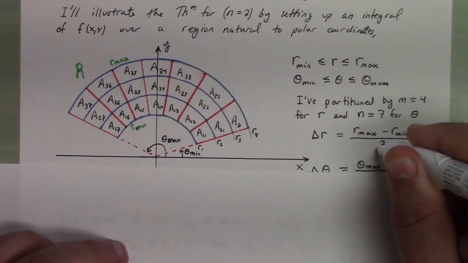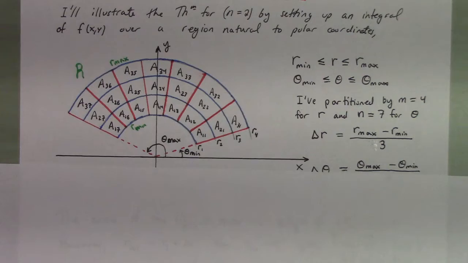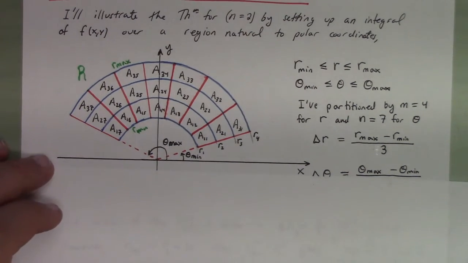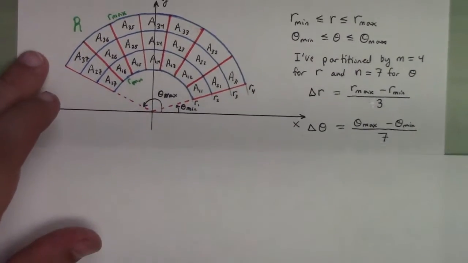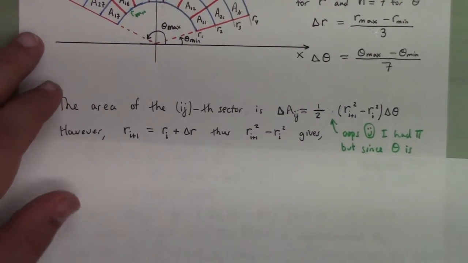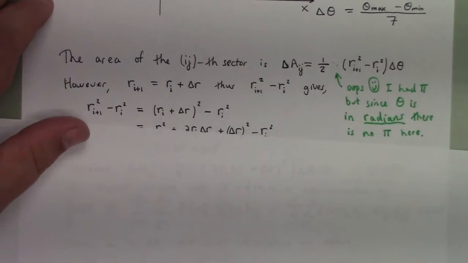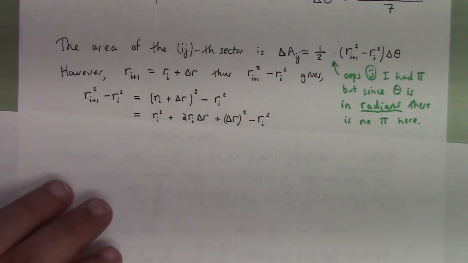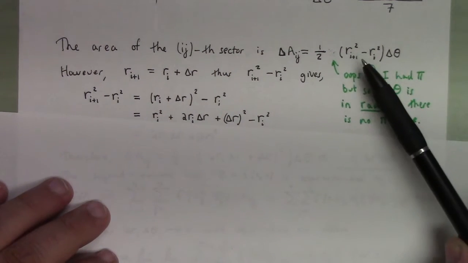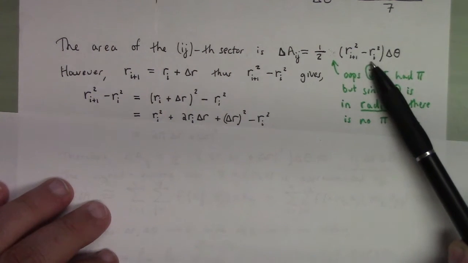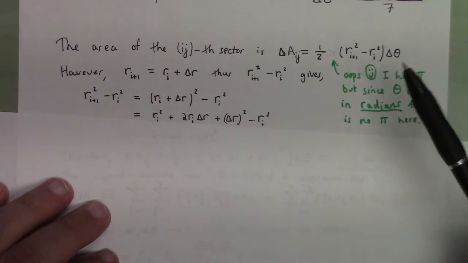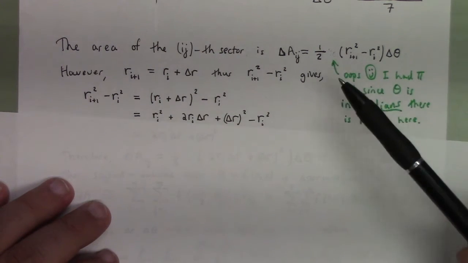So just for the sake of illustration, I've made 3 radial bands, right? And I've made 7 angular bands, if you will. And so the area of the ijth sector will be 1/2 of the difference in the outer radius squared minus the inner radius squared, times the change in theta. I had a pi here before, sorry about that.